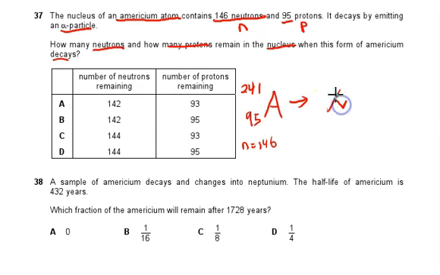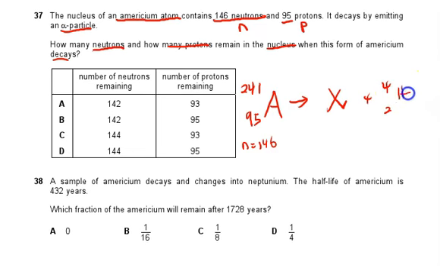So when it decays, it will emit a particle, 4,2 alpha, which is helium. So the number here will be 93, and here we have to reduce by 4.